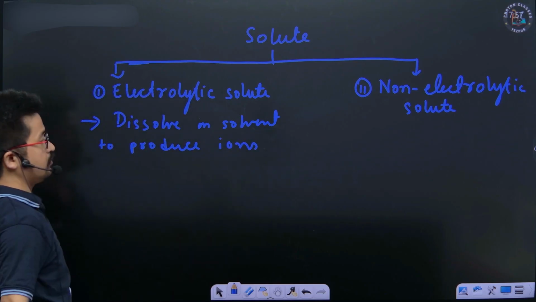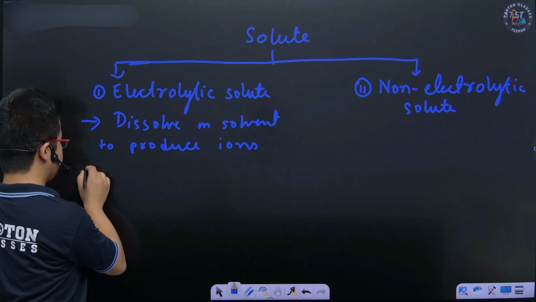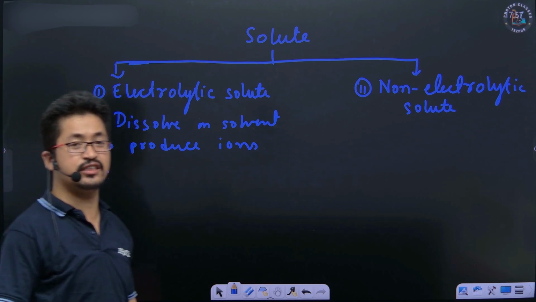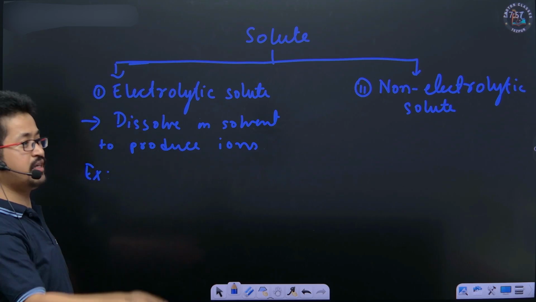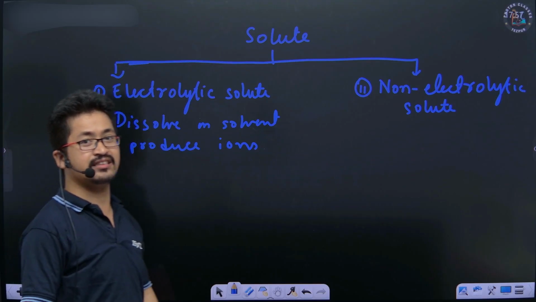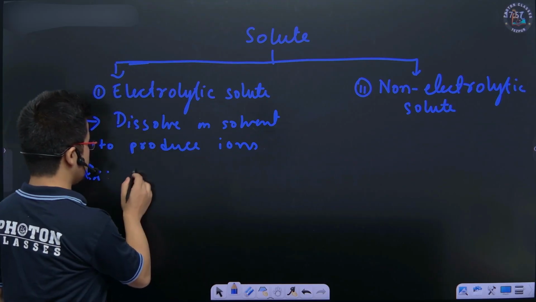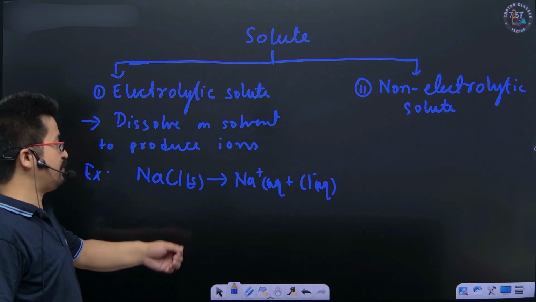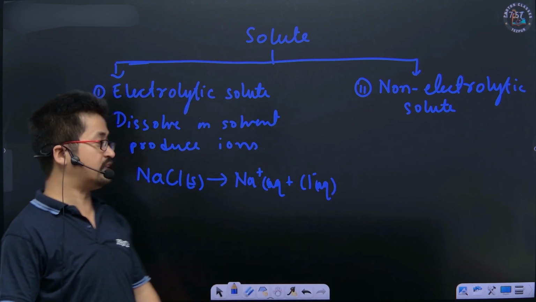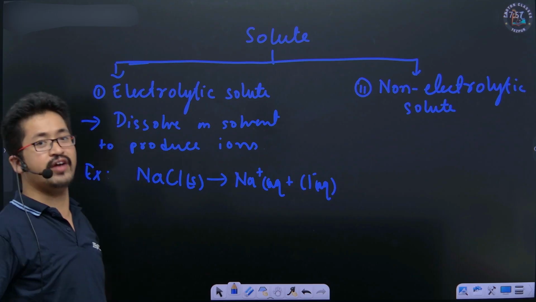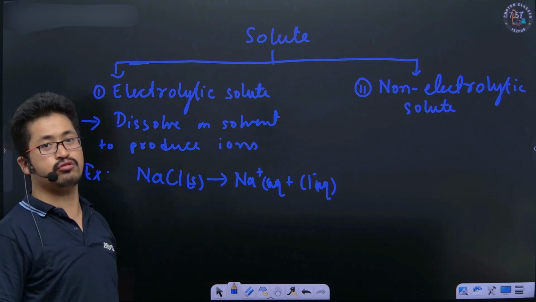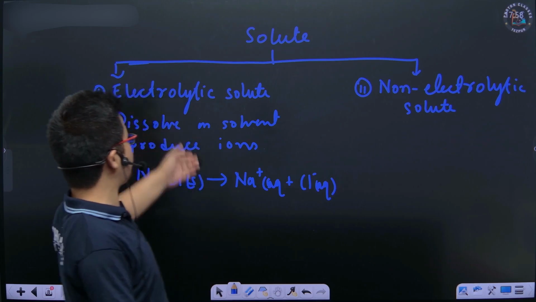For example, when NaCl is dissolved in water, it dissociates to give Na plus and Cl minus ions in water, right? This type of solute, which when dissolved in water or any polar solvent dissociates to give ions, is called an electrolytic solute.